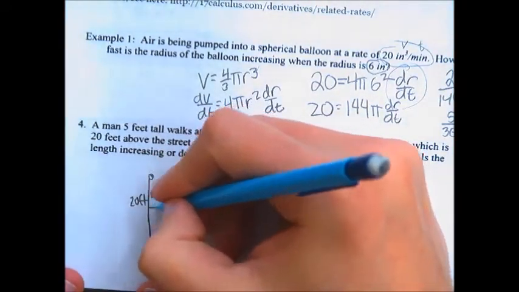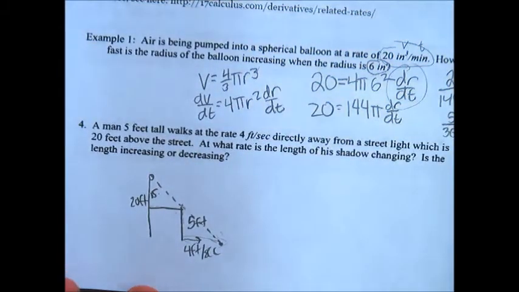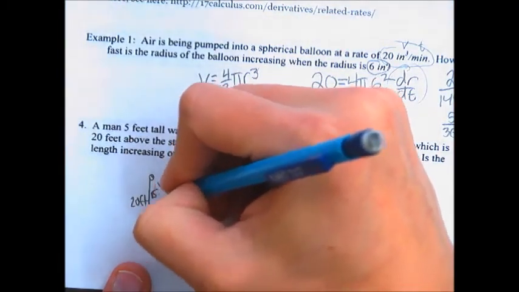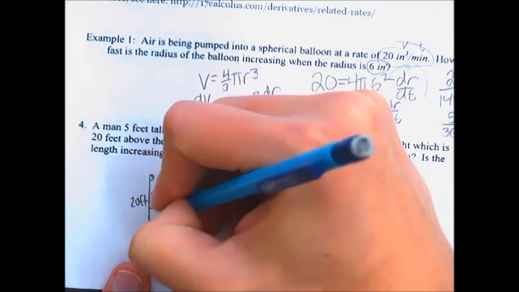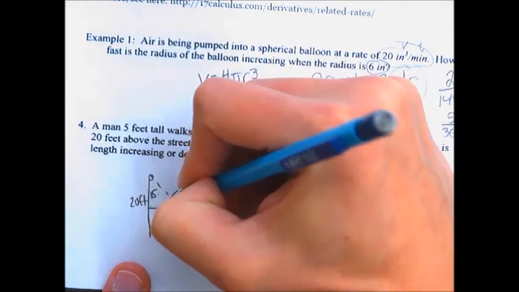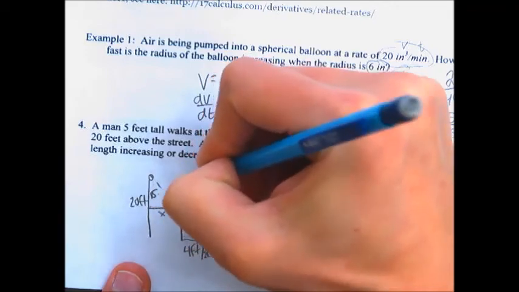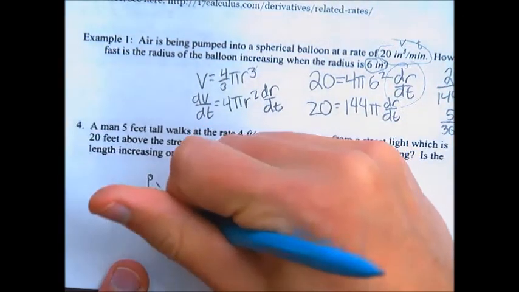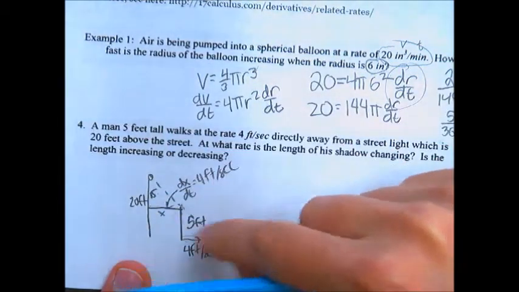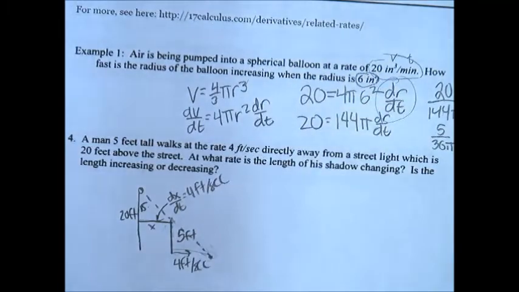We don't know how far this distance is, but we do know that this distance is changing at 4 feet per second. So if we called that distance x, then we could say dx dt is equal to 4 feet per second. We know the height of this triangle is 5, and so we can figure out the rate at which this one's changing based off of similar triangles sort of thing.